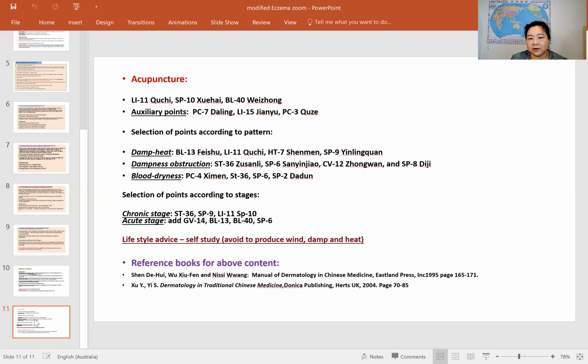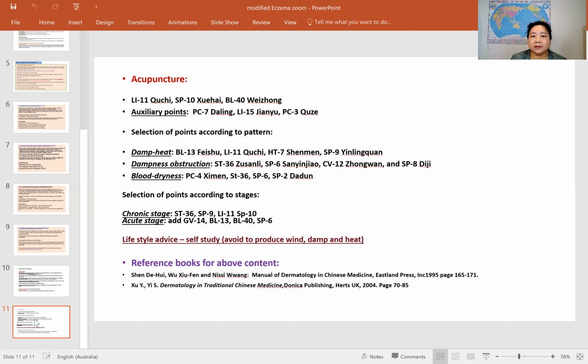And the next very important thing for eczema is lifestyle advice. It's very important. I didn't write anything here because we have learned it in the general dermatology part, the Chinese medicine basic theory part, and the internal medicine part.